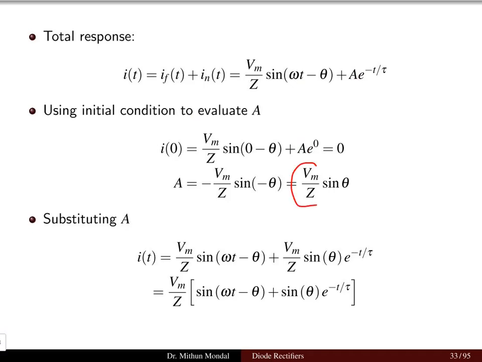Now this A equation, which we got from putting time to be 0, Vm by Z into sin theta, we can put in the current expression.